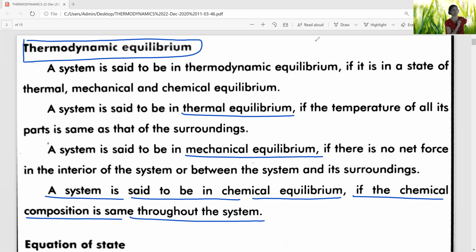It is in mechanical equilibrium if there is no net force in the interior of the system. It is in chemical equilibrium if the chemical composition is the same throughout the system. You have to remember these concepts.